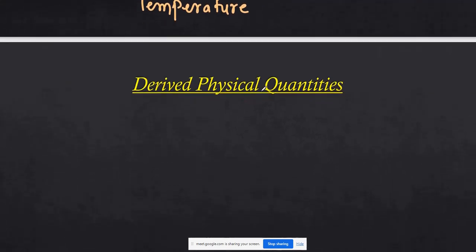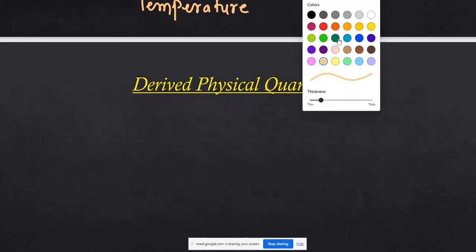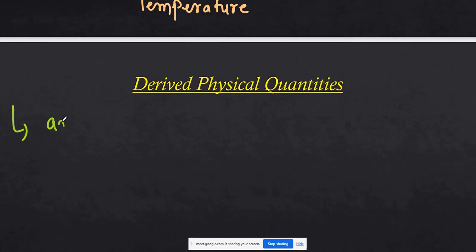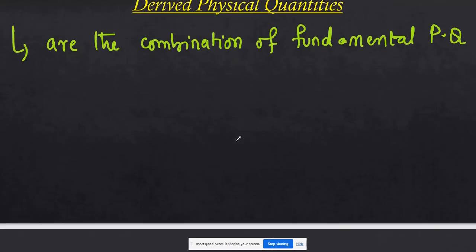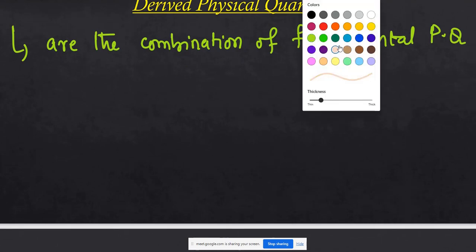Now, what are derived physical quantities? Those quantities which are dependent on fundamental quantities. So I can say derived physical quantities are a combination of fundamental physical quantities. Suppose I just say velocity. What is velocity, Sahiti?